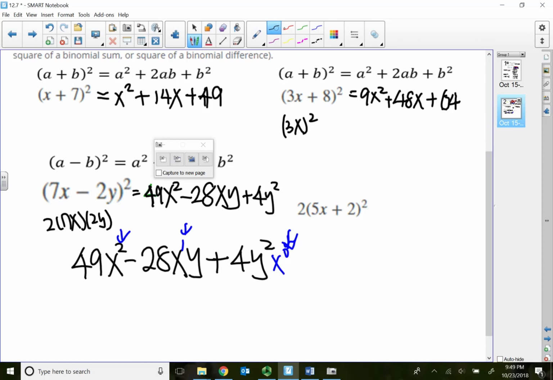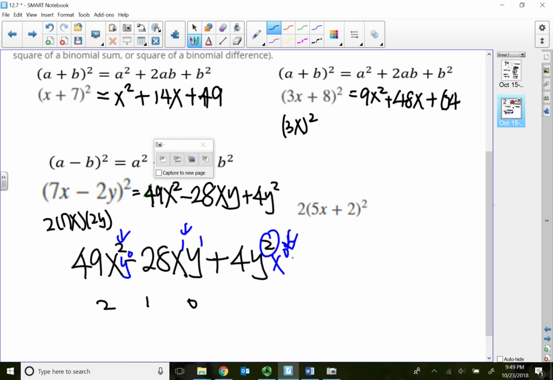All right, 2, 1, 0 for the exponent of x. But for the variable y, the first term, you don't see a y because it's actually y to the 0 power. So for the y it's 0 power, 1, and then 2. So for the x, the exponents go in descending order, 2, 1, 0.